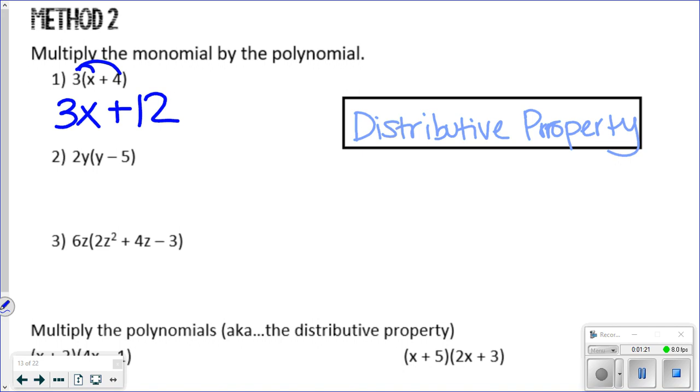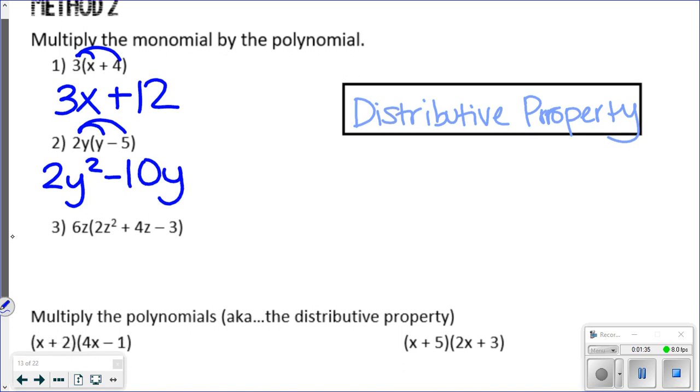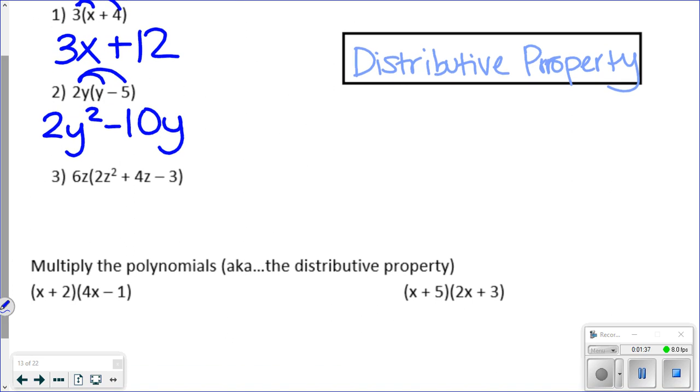Number 2, we're going to do 2y times y, so that would be 2y squared. 2y times negative 5, negative 10y.